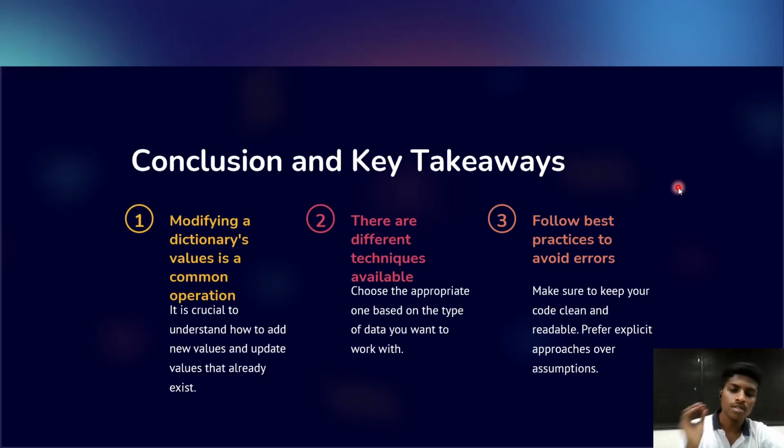This readability can be improved by using comments about any code, anywhere you need to describe a particular function. You can say this function is used to insert the dictionaries. So it should be more readable so that any other users can make use of the clean code. So prefer explained approaches over assumption.